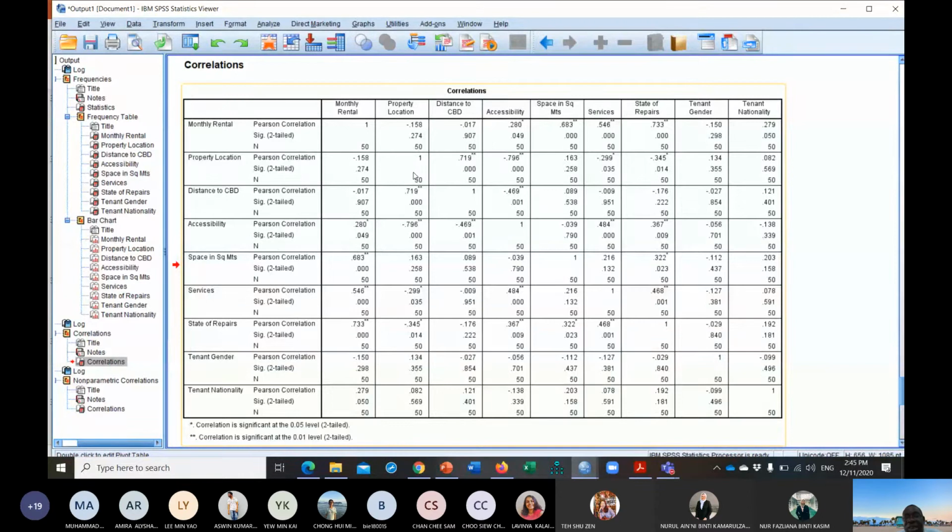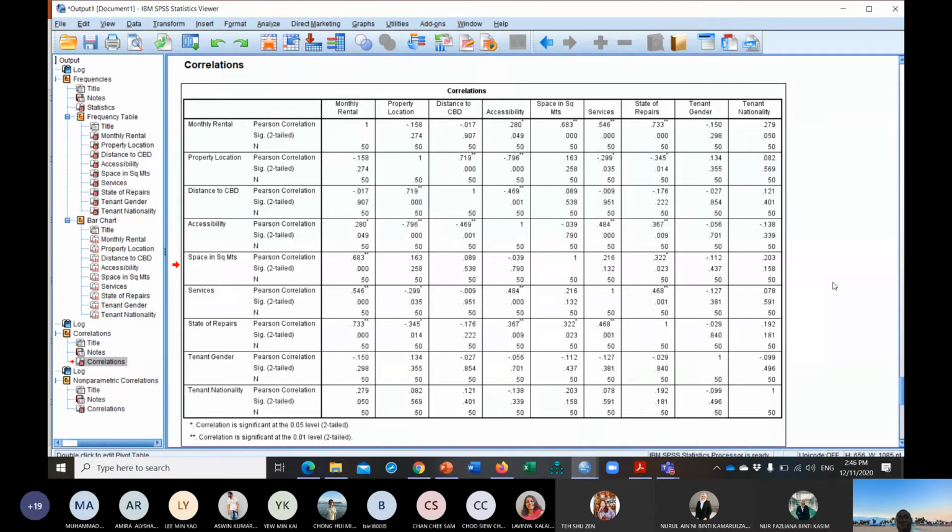So here, what it's saying is that the choice of your location shows how your distance to the CBD will be, and that is a significant relationship. Significant in the sense that if you go to a particular location, you are going far away from the CBD.